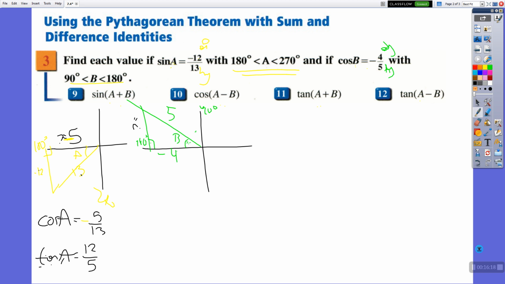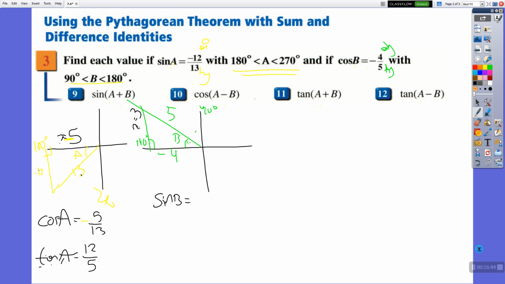4 squared plus x squared equals 5 squared, or just recognize the special triangle. Here we have a 3, 4, 5 triangle. What can you say about the sign of 3? It's in the positive direction, so it's positive 3. Sine is positive in the second quadrant. What we are given here is cosine, so we need to find sine and tangent.